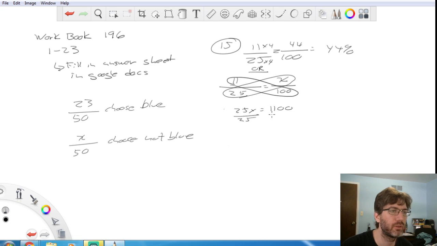Divide that by 25, divide that by 25, so then x equals 44. So either way you want to do it, this way is probably easier for that one, but you can do it that way as well.